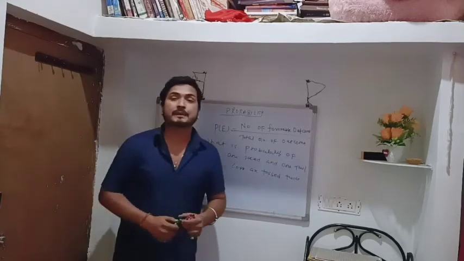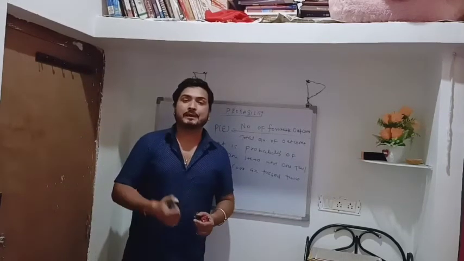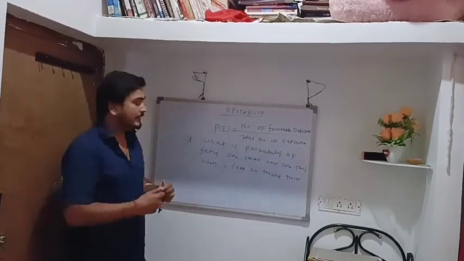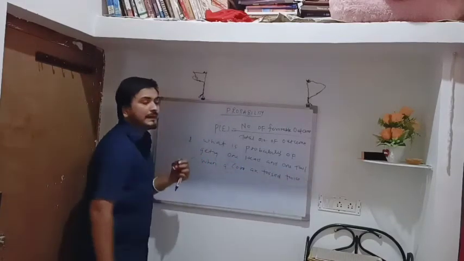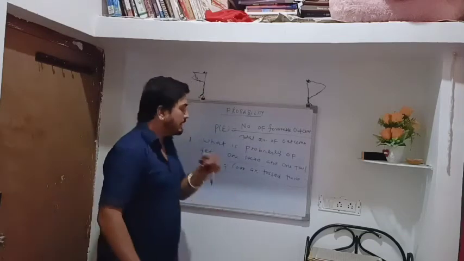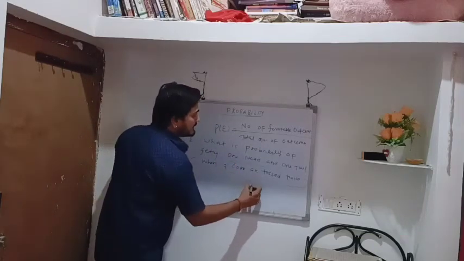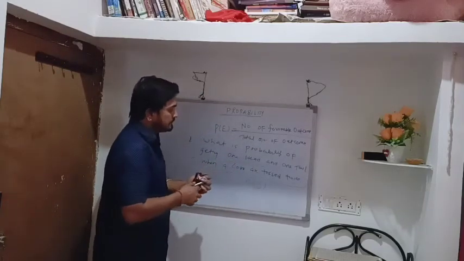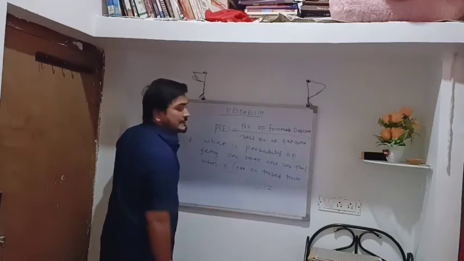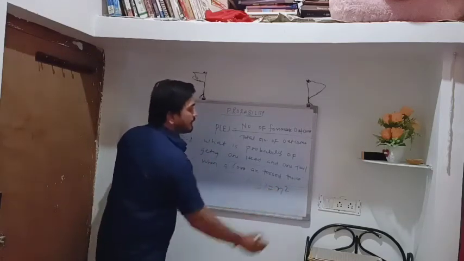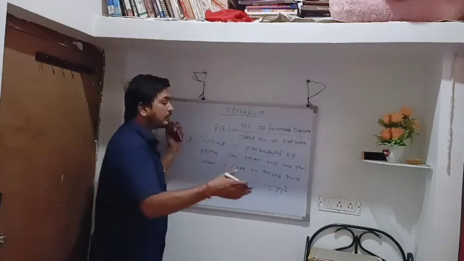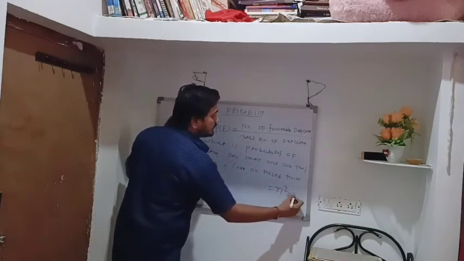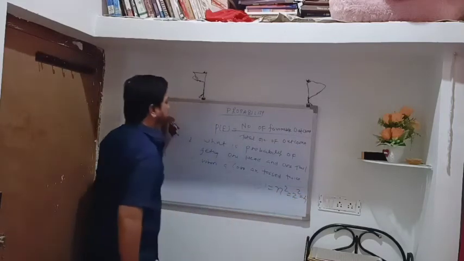What is our experiment? We are tossing a coin, twice. So NS is equal to n squared. In the case of a coin, the number of faces is 2, and 2 squared is equal to 4.